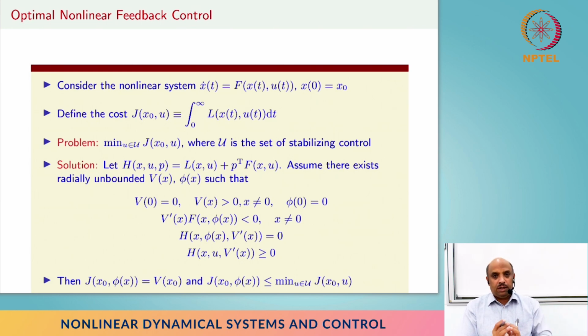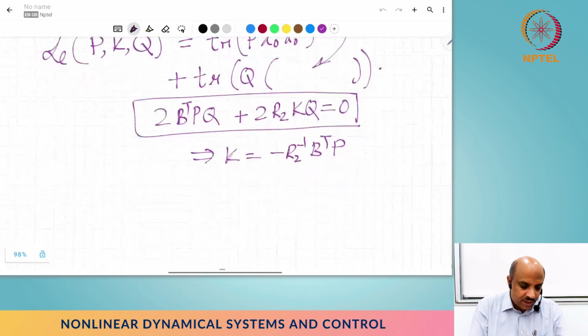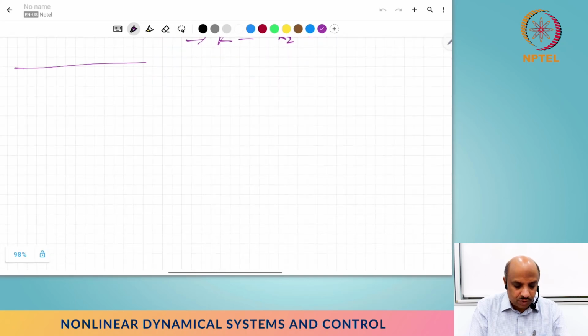So again, like I said, this is kind of a marriage between your open loop optimal control and an infinite horizon case where we desperately need stability in terms of a feedback control. So this is combining all those notions. I don't have to show you that for this particular system the phi of x is actually going to stabilize, simply because, let's see, what we have is x dot equals f of x comma u.